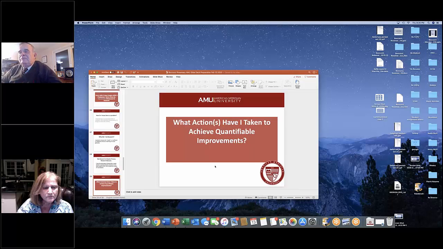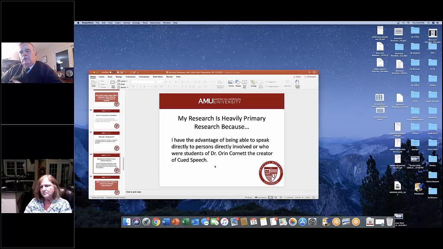Let's stop just for a moment. We know that the difference between primary and secondary research is the following. Primary research is when we talk to those who have actually done it, who have taught it, for example, who have made the improvement, who have done something. If Dr. Cornett was alive, Rosemary might be talking to him.